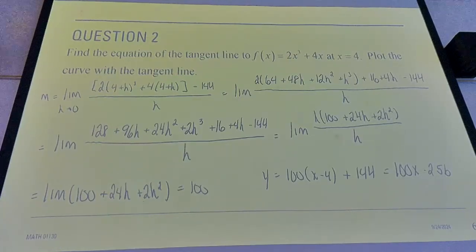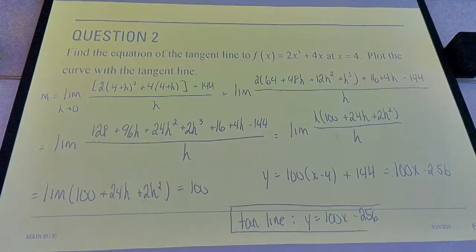A slope of 100, that's pretty steep. There's the tangent line: y equals 100x minus 256.